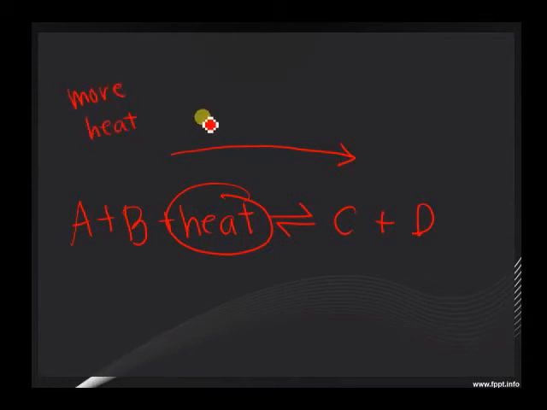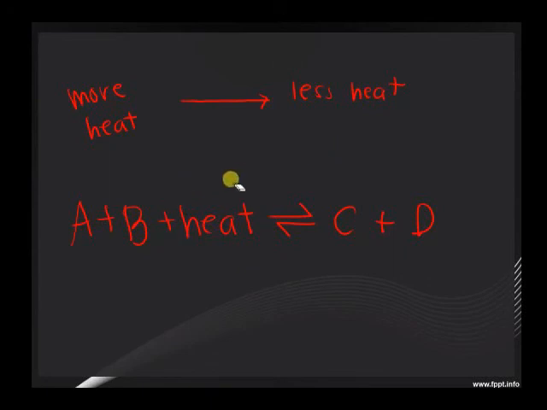Basically, more heat on this side, so the reaction will progress to the direction where there is less heat. Same as with the concentration. There was more concentration on this side, so it progressed towards the direction with less concentration. We're adding more stress by adding more heat. So to relieve that stress and balance out the equation, the reaction is just going to balance itself out. We've gone over this before.